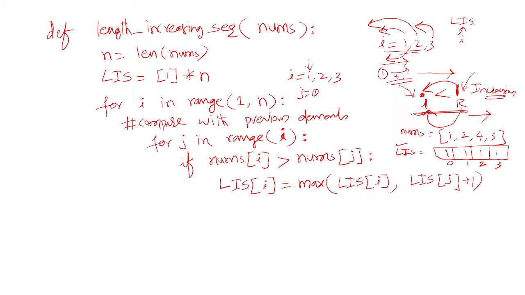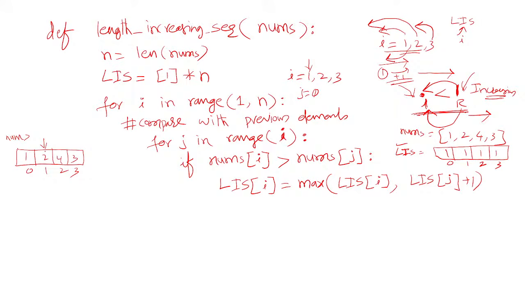So that means what we are doing, this is our nums array. I draw the nums array here. It contains the elements 1, 2, 4, 3, with indices 0, 1, 2, 3. Now i value is 1.